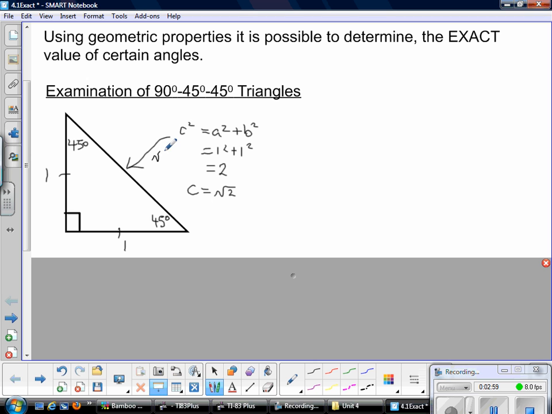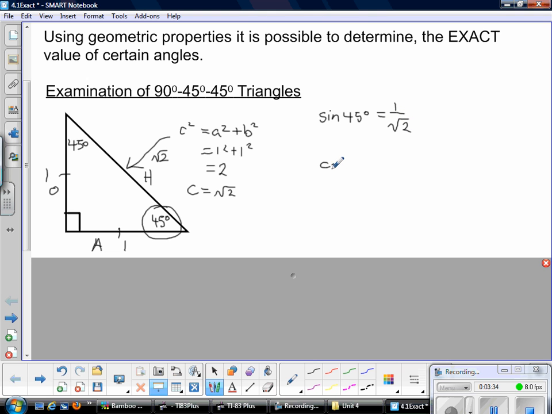Okay, so knowing that, I can find the sine of 45 using this information. So the sine of 45 degrees, and if I just quickly label my triangle, it doesn't matter which 45 I use, but I'm going to use this one. So this would be my opposite, this is my hypotenuse, and this is my adjacent. So the sine of 45 would be opposite over hypotenuse.